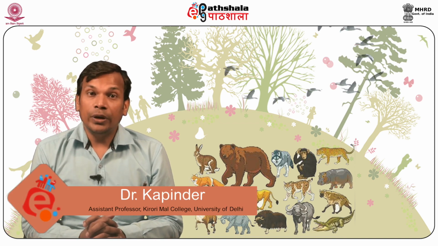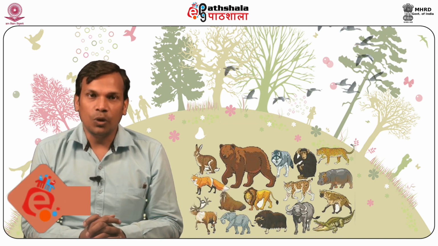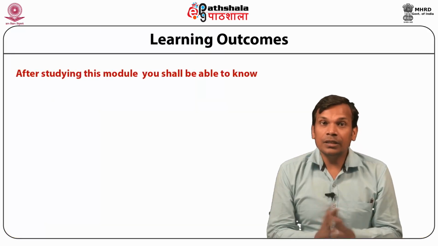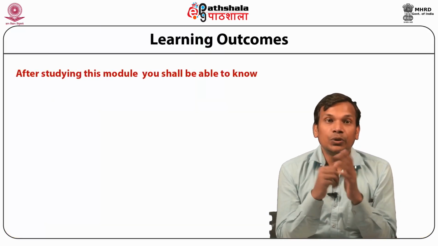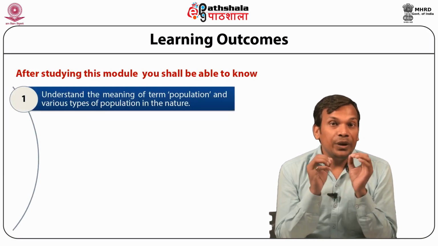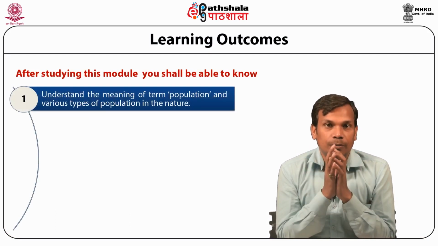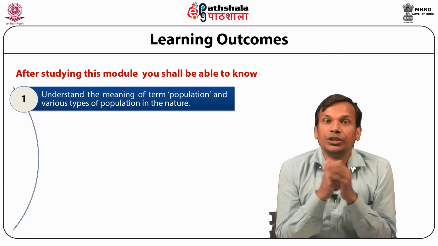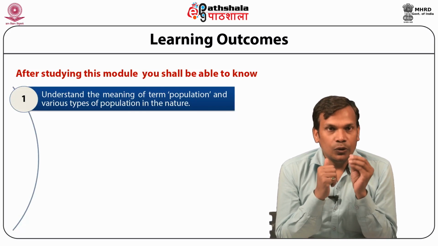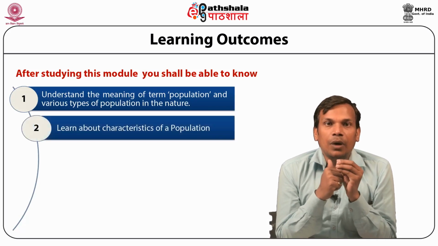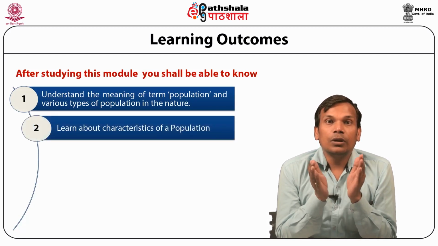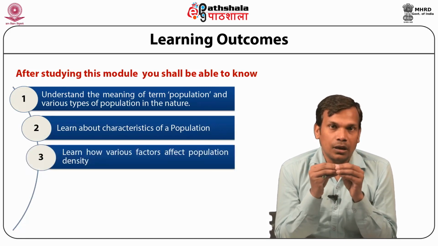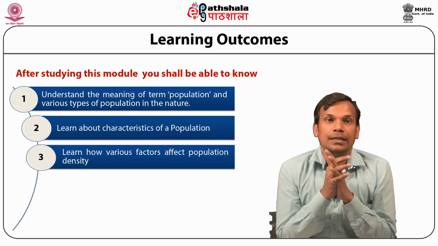Today we are going to talk on module population from paper ecology. After studying this module, you shall be able to understand the meaning of term population and various types of population in the nature. It will also help in learning about characteristics of a population, how various factors affect population density.